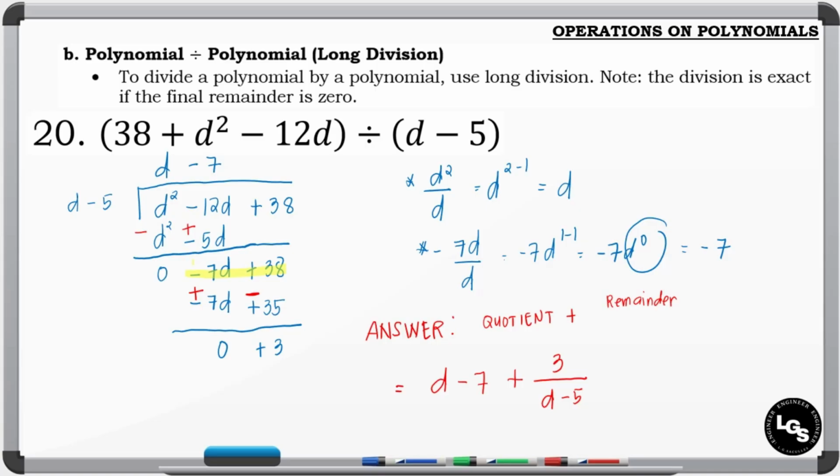The remainder is the term found at the bottom of the process, and don't forget to divide it by the divisor. So our final answer here is this one.